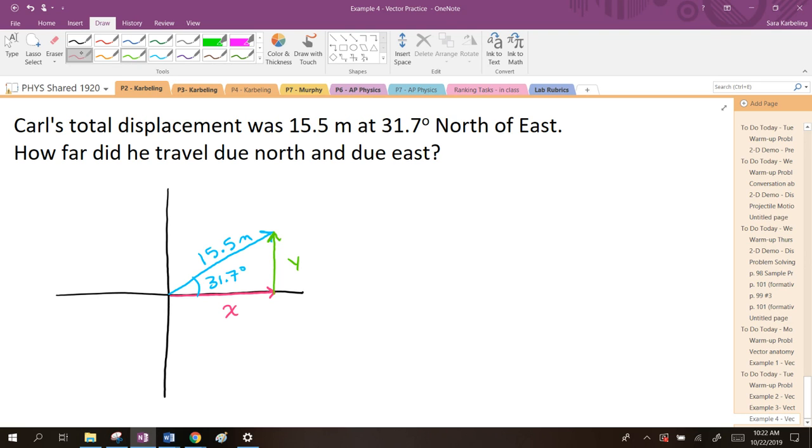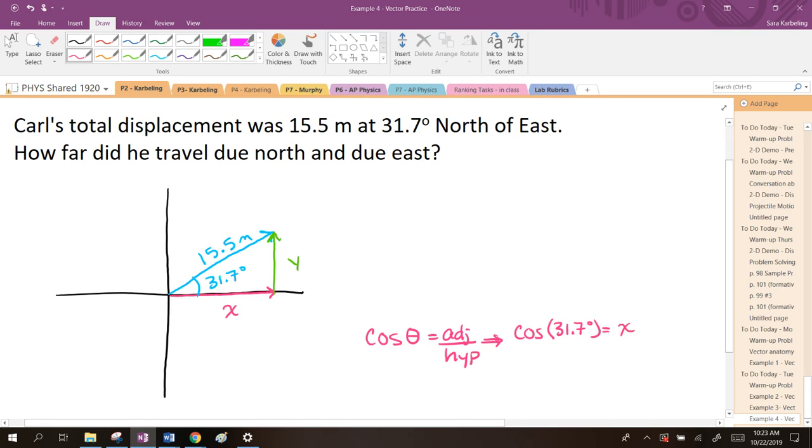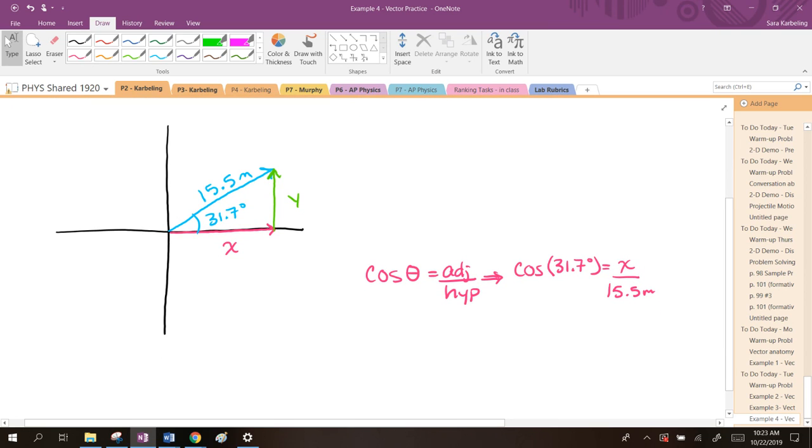Cosine, right? So I'm going to say that the cosine of theta is adjacent over hypotenuse, which means I could write this as the cosine of 31.7 degrees is equal to the thing I don't know, my adjacent side, divided by 15.5 meters. To solve here, I don't need to do an inverse cosine. I just need to use cosine plain old.